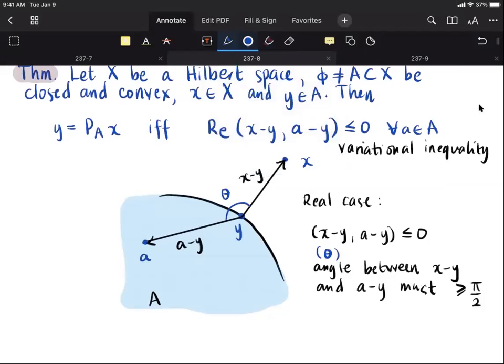Okay, so this should hold on every point in A. So if you pick another point, here you have another angle, and so on and so forth. And that is why, if you have, let's say, a well-defined tangent at the point, then that tangent must be orthogonal or perpendicular to the vector x minus y.